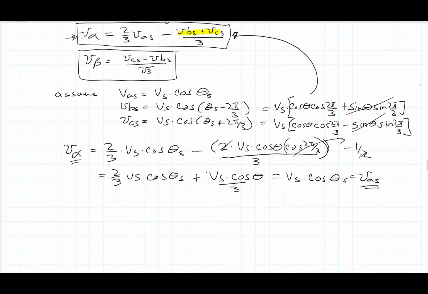So the Clark's equations simplify even more. You can carry this through for any quantity, and you're going to get the same thing. If it was current you're looking at, you'll get the same type of expression. So we can generalize this and rewrite the Clark's equations.